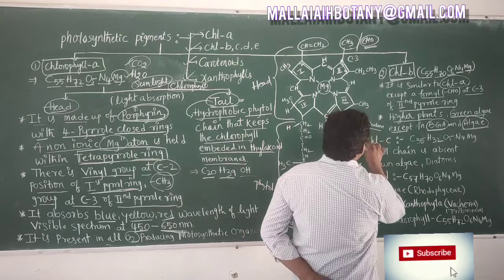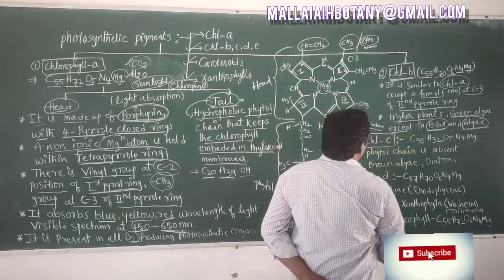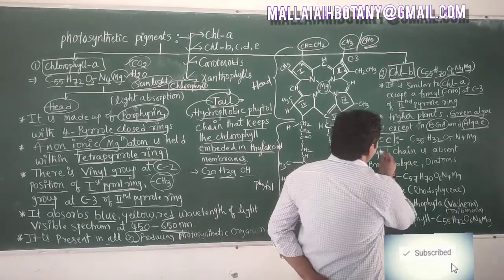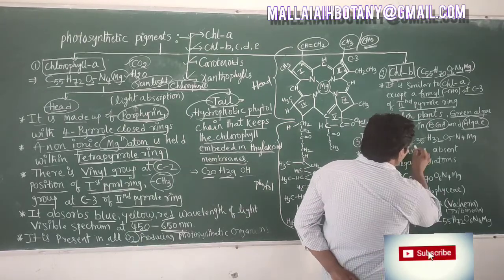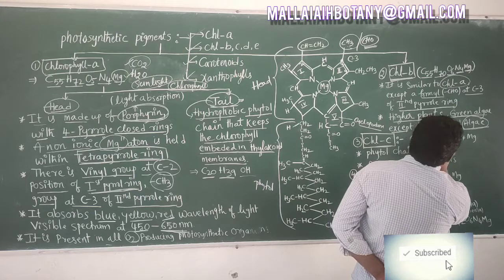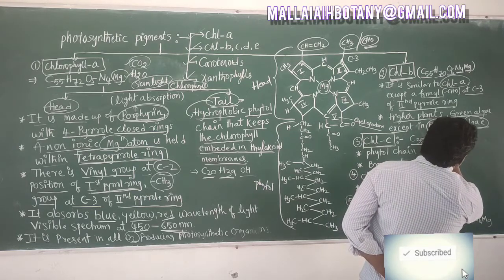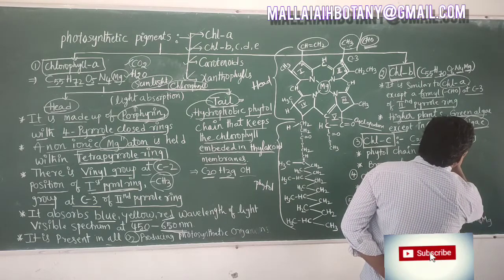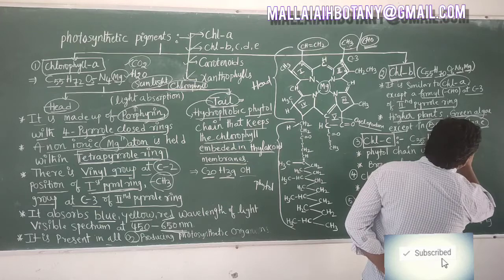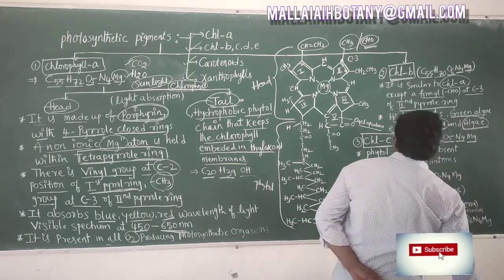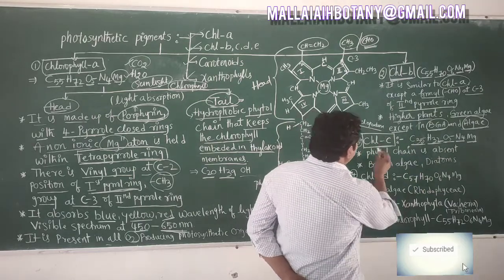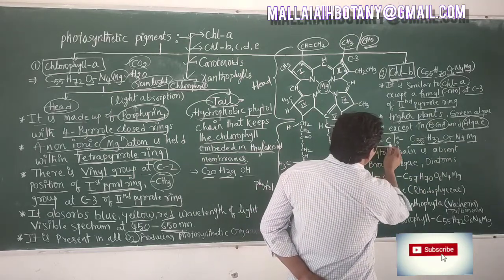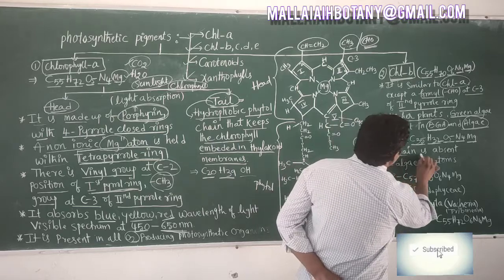Next, the third chlorophyll molecule, chlorophyll C. What is the chemical formula of chlorophyll C? C35 H32 O5 N4 Mg. So this is the chemical formula of chlorophyll C. In chlorophyll C, the phytol chain is absent.